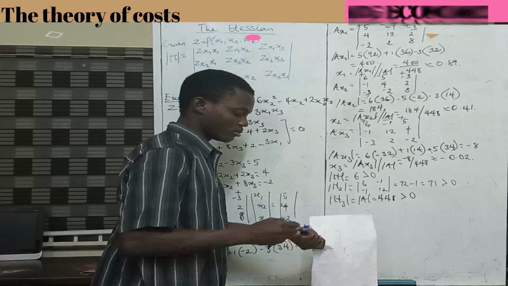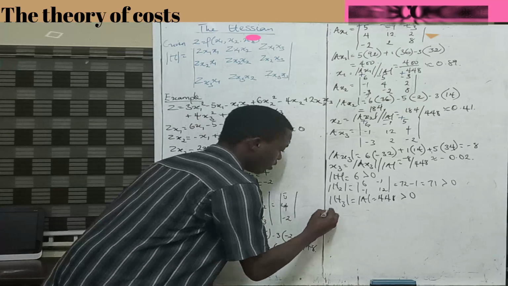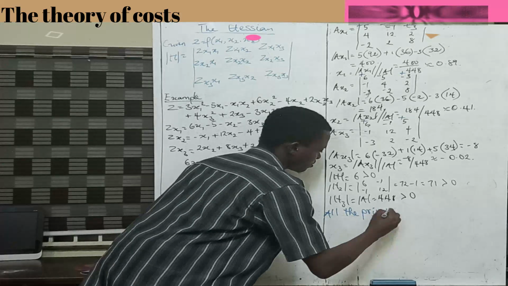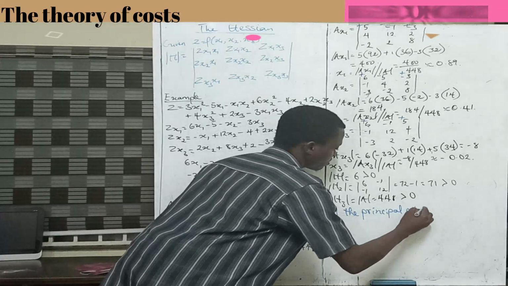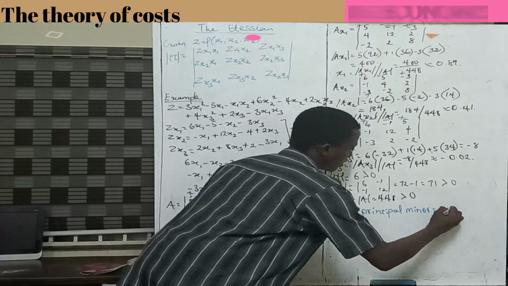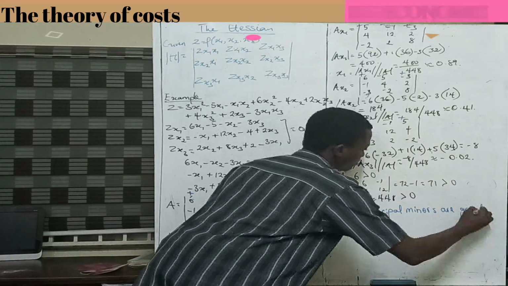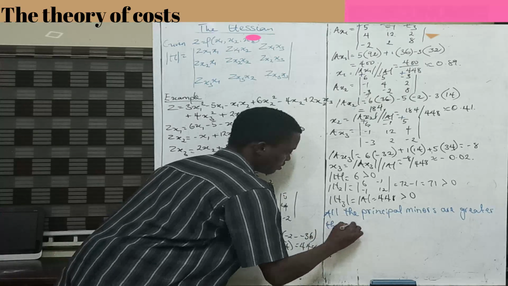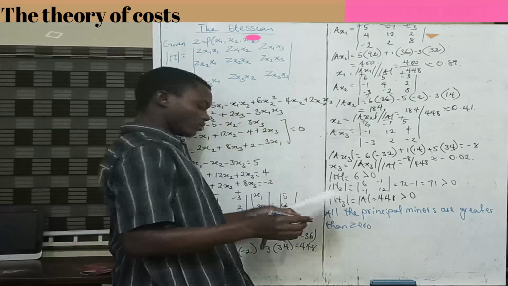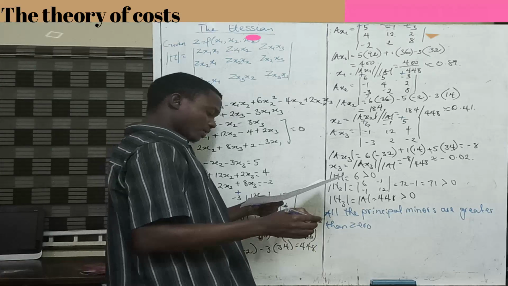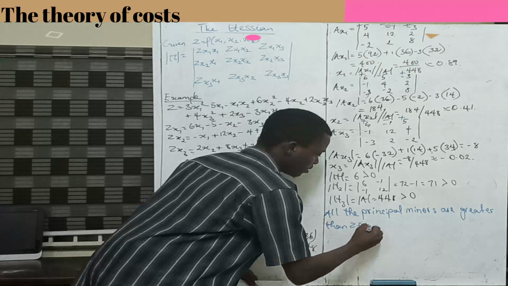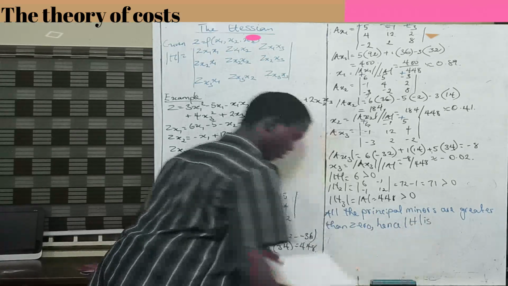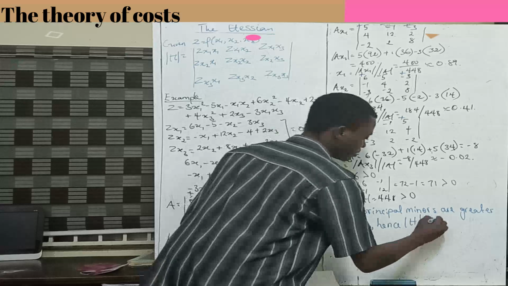All the principal minors are greater than 0. So that's telling us that they are positive. Hence, the Hessian H is positive definite.